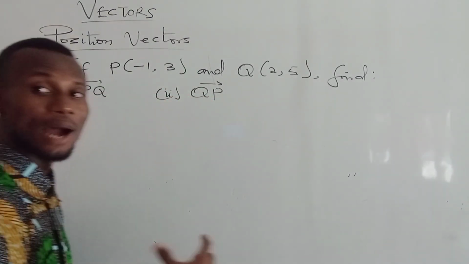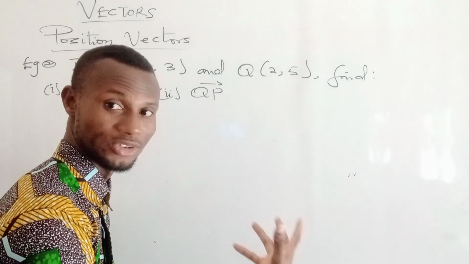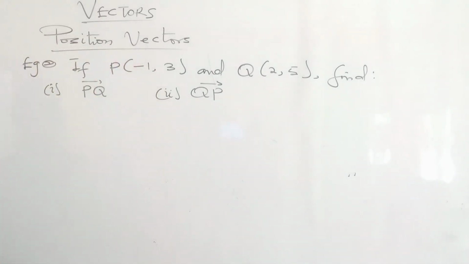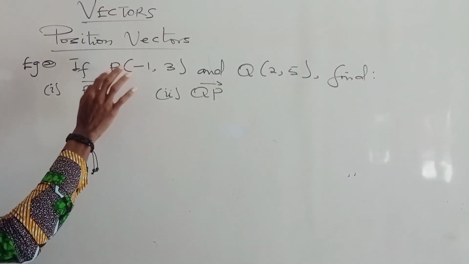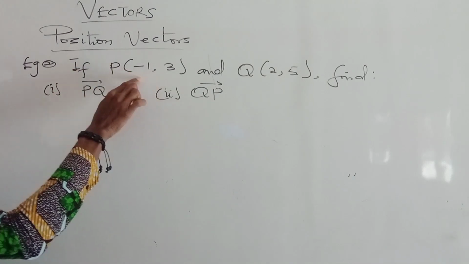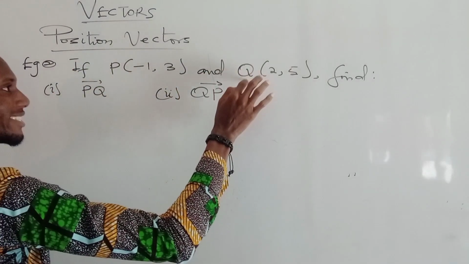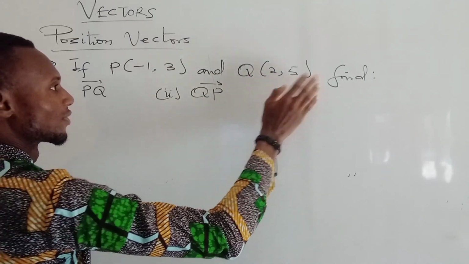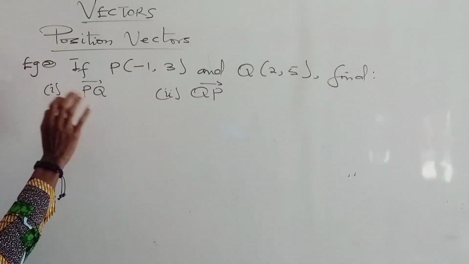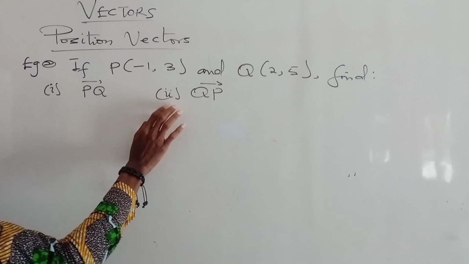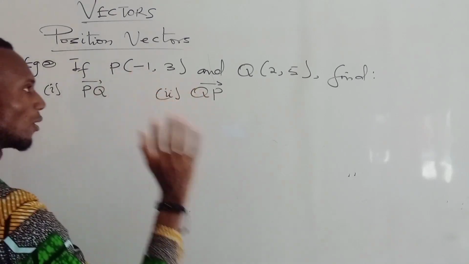I'm going to read it one more time before we proceed and solve it together. Again, it says that if the point P is given to be -1, 3 and the point Q is given to be 2, 5, find (i) the vector PQ, and (ii) the vector QP.